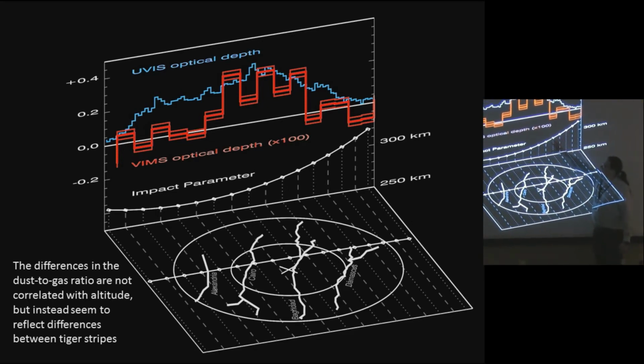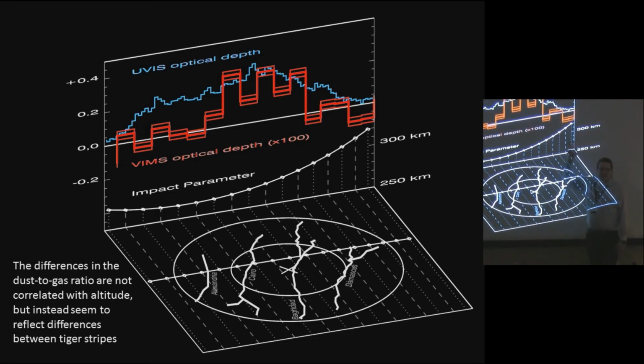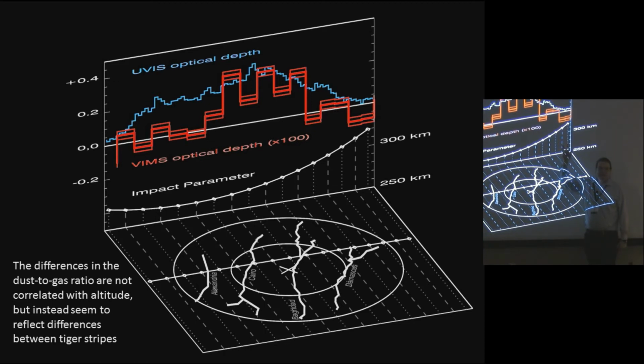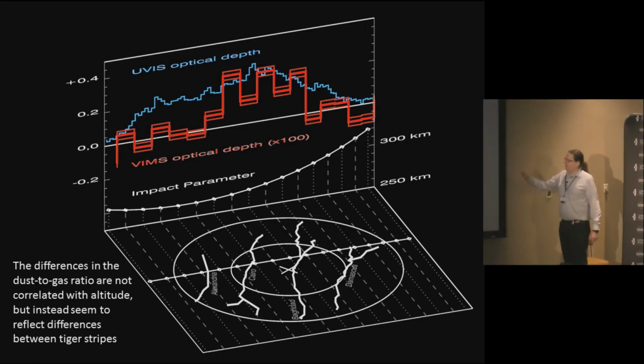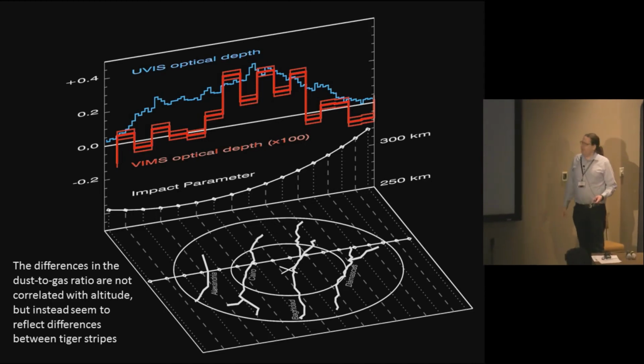And the thing is, since we're at higher altitudes, that difference we're seeing is a lower limit. Because if we went down something like the scale height of the particles, we might see correspondingly more dust out of there. There's a difference in the dust to gas ratio between these different regions.